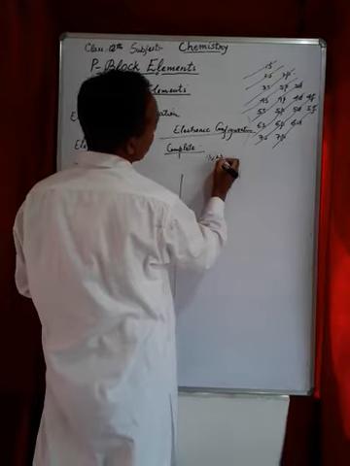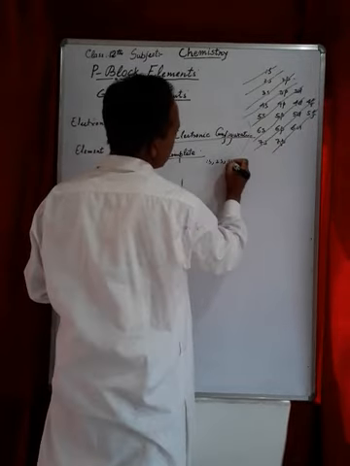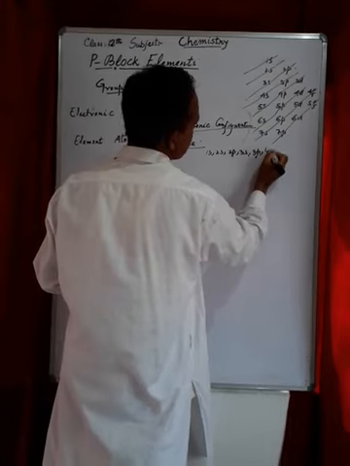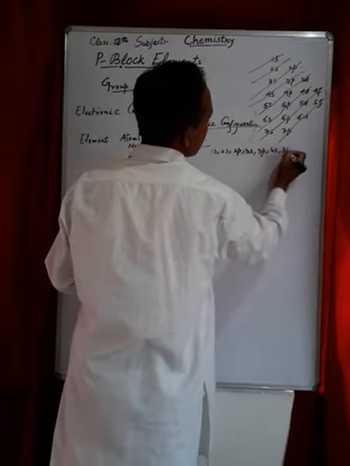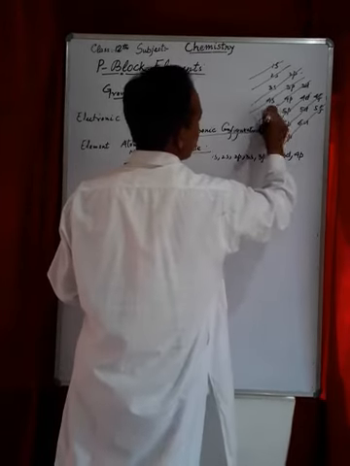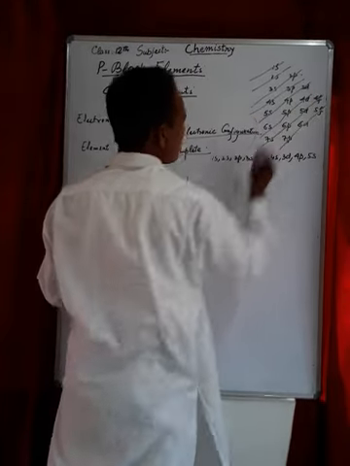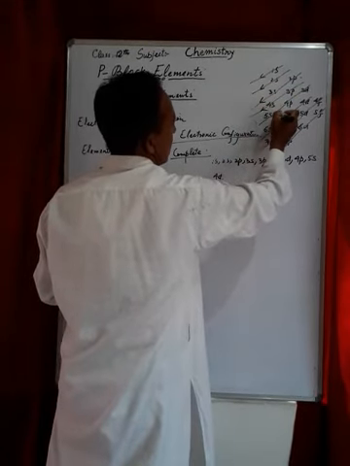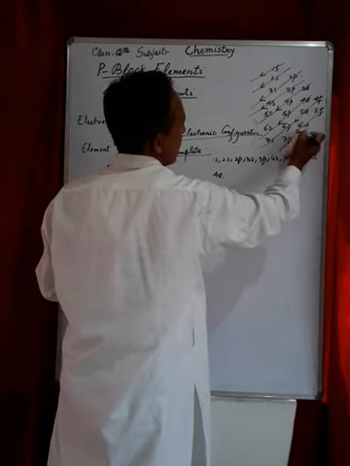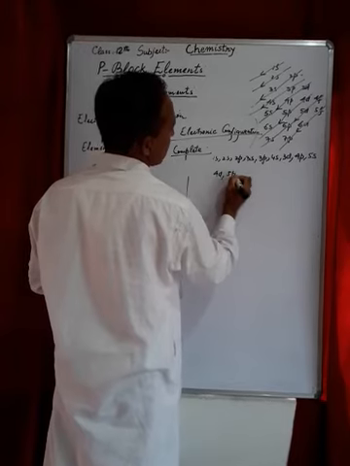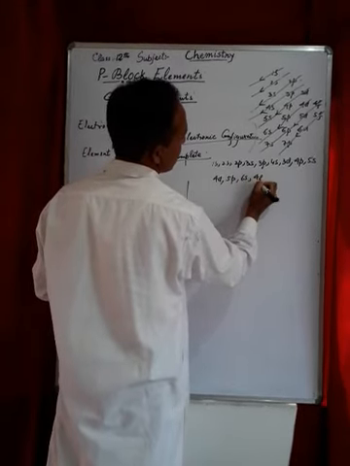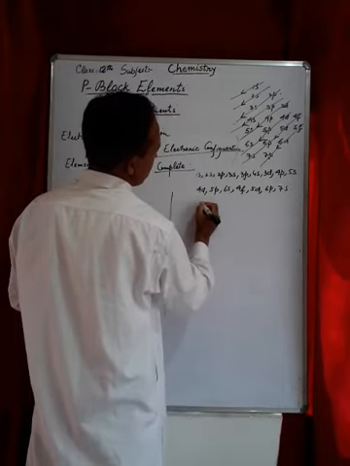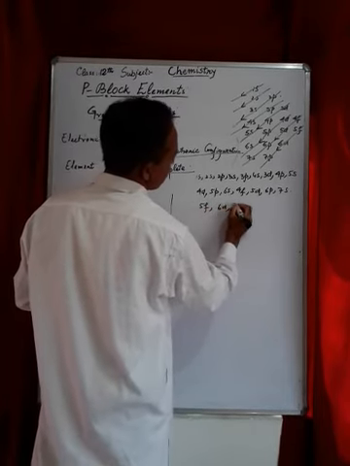So 1s, 2s, then 2p, 3s, 3p, 4s, 3d, 4p, 5s, then 4d, 5p, 6s, 4f, 5d, 6p, 7s, 5f, 6d, 7p.